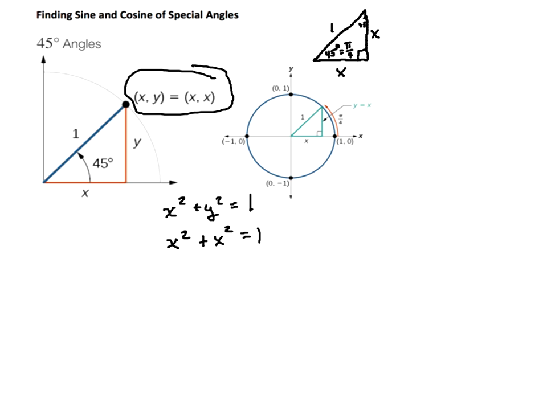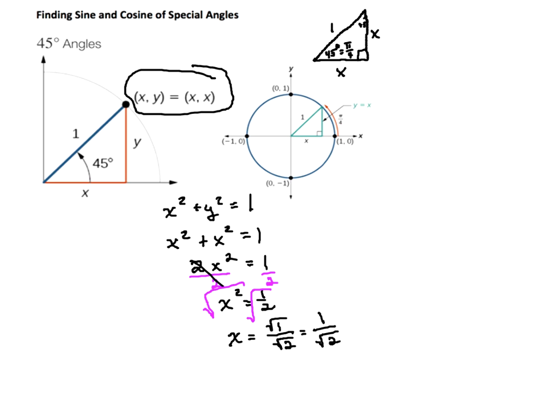Well, when I combine 1x squared with 1x squared, I end up getting 2x squared equaling 1. And then I can divide 2 off of both sides. And that leaves me with x squared equaling 1/2. Take the square root of both sides. And x is equal to the square root of 1 over the square root of 2.